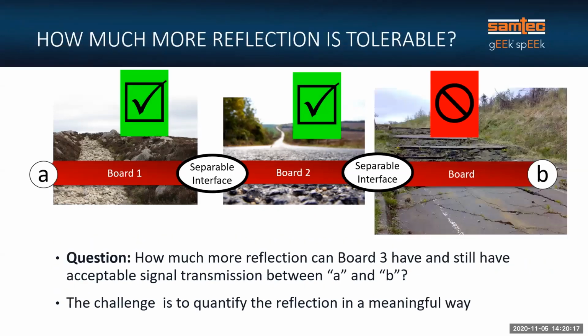The only question we really have is how much more reflection board 3 can have and still get successful transmission between A and B. So the challenge is to quantify it in a meaningful way.